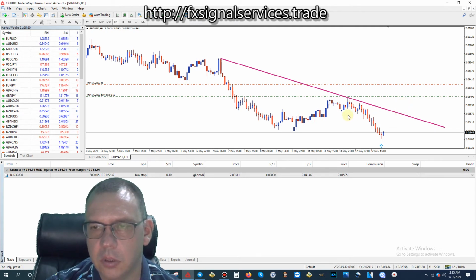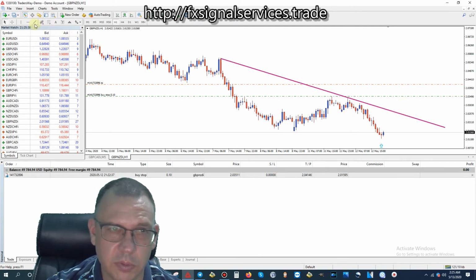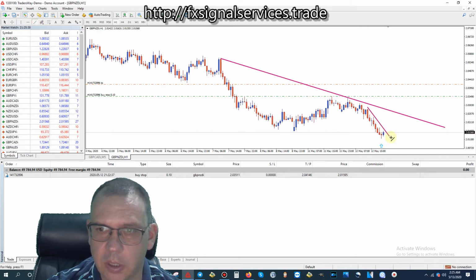You can also draw resistance here on this one, and then wait for about 3 candles to break above, and then place a trade.